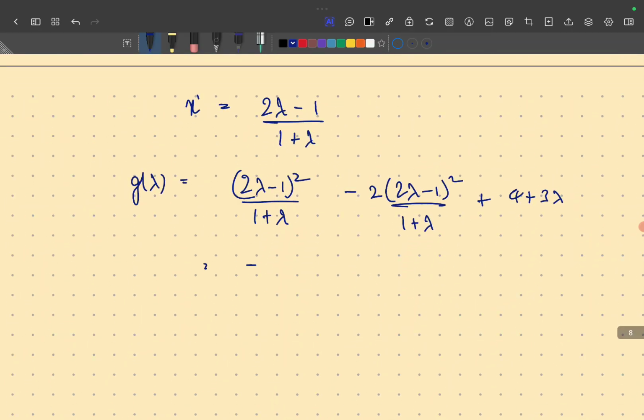This will just be minus 2 lambda minus 1 the whole square by 1 plus lambda plus 4 plus 3 lambda. Now you can go ahead and simplify this. It's no longer just a simple quadratic.